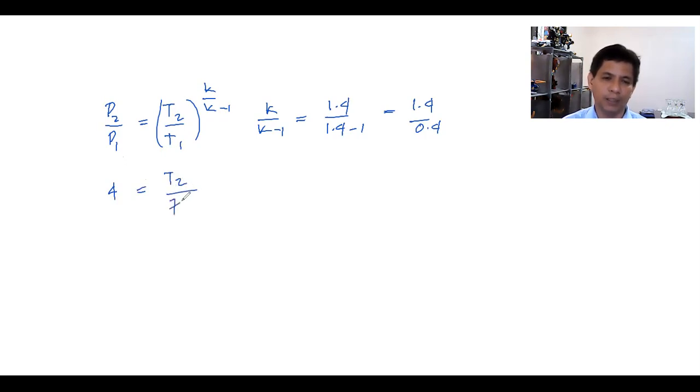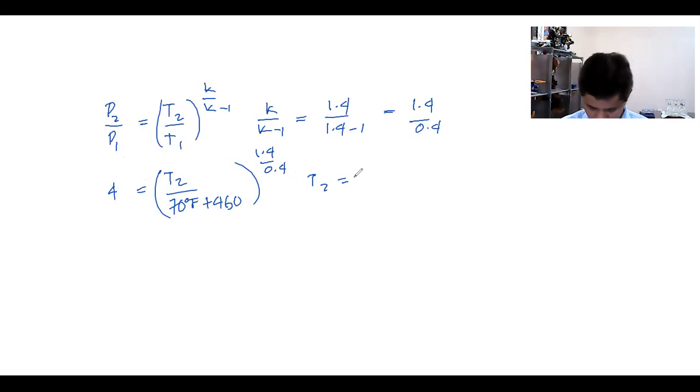T1 is 70 degrees Fahrenheit, if you still remember. So I just added 460. You can add 459.67. That's the more exact value. And then you raise this to 1.4 divided by 0.4. So T2 is equal to 787 Rankine.